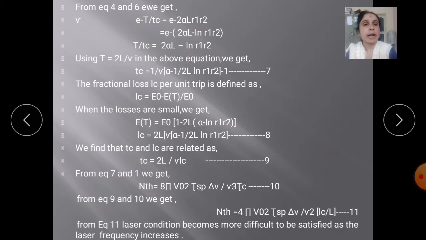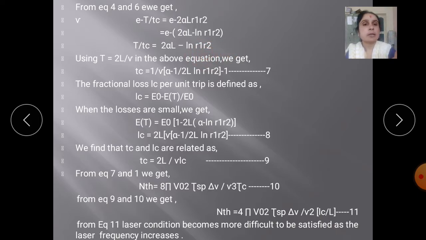From equations 4 and 6 we get exponential of T upon Tc equal to exponential of 2 alpha L ln of R1 R2. So, T upon Tc is equal to 2 alpha L minus ln of R1 R2.